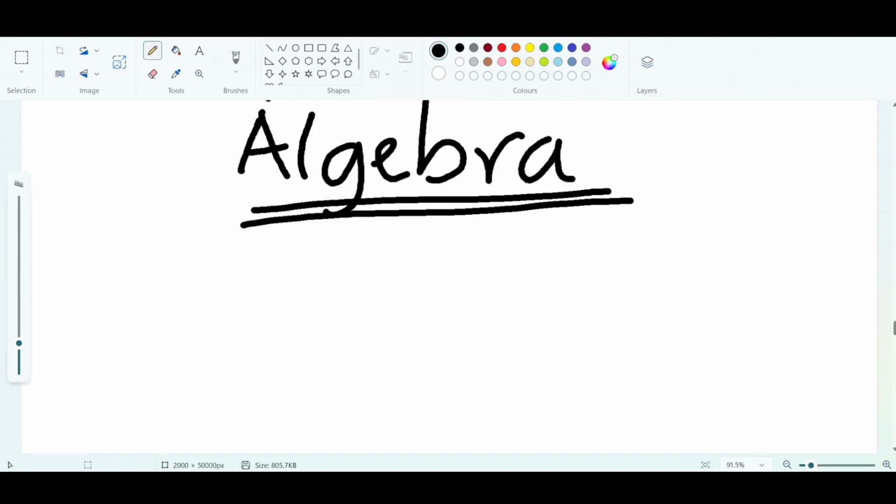And today we want to talk about algebra. When we started this series of mathematics, we started with the branches of mathematics, and we said we have two branches. One is the numerals and the other is algebra. The numeral part is that part of mathematics in which only numbers are dealt with.